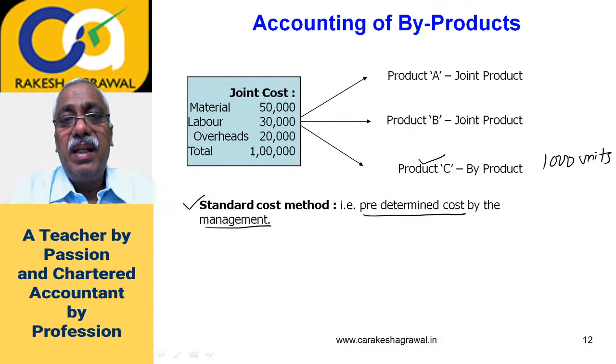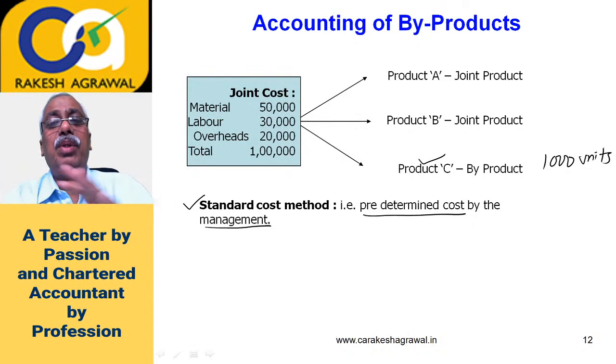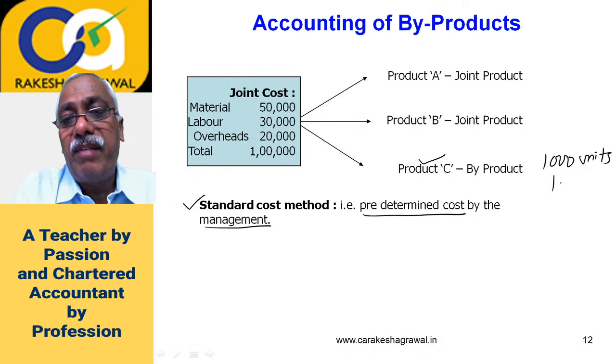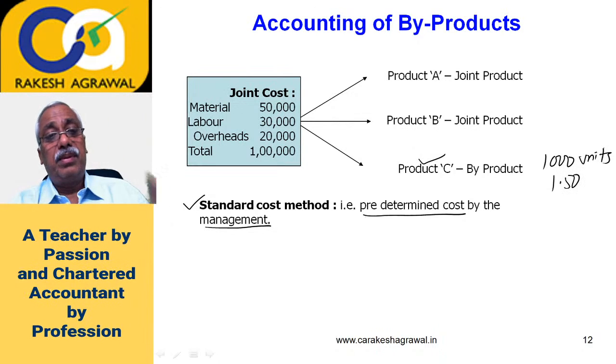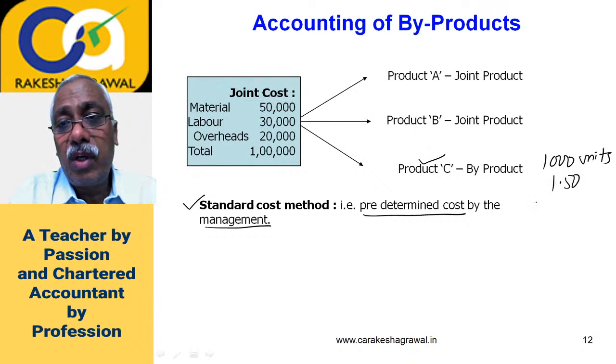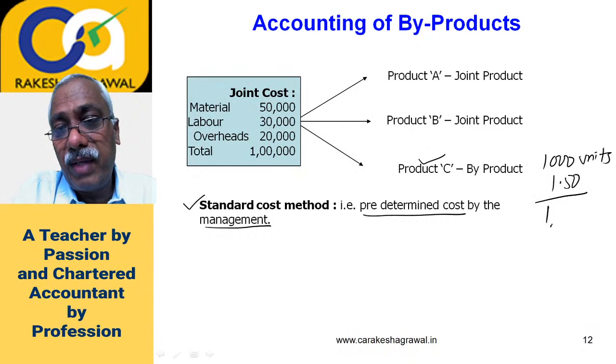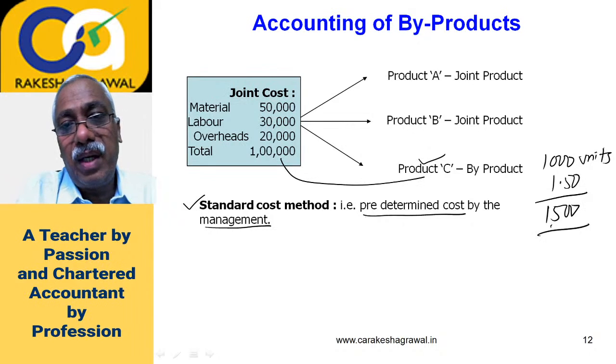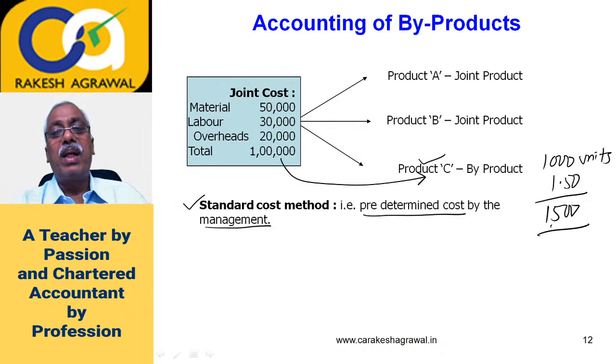They have decided that we will treat the cost per unit of byproduct as 1.50 rupees per unit, the standard cost of byproduct. So for 1000 units it will become 1500. It means out of 1 lakh rupees you will treat the cost of byproduct as 1500.